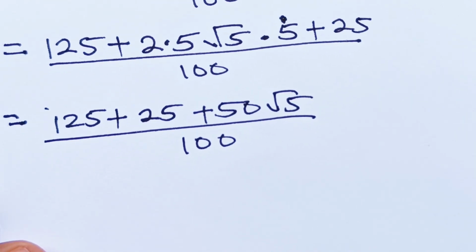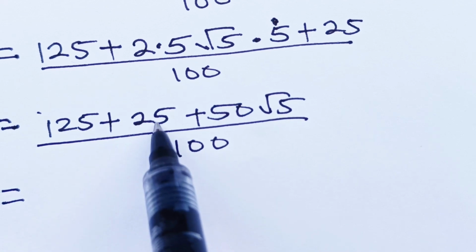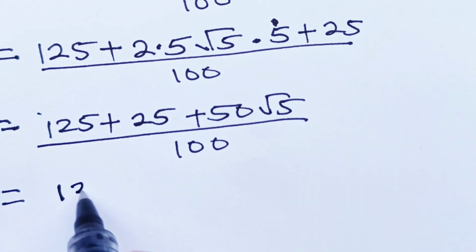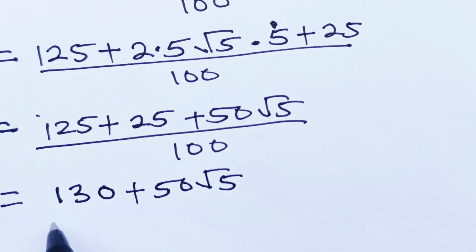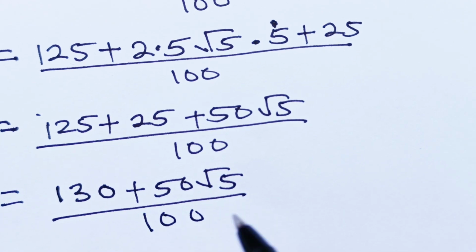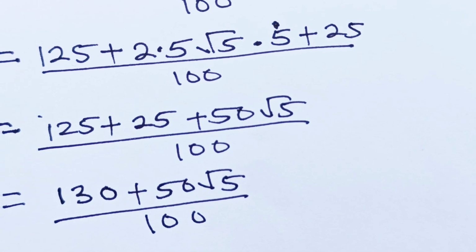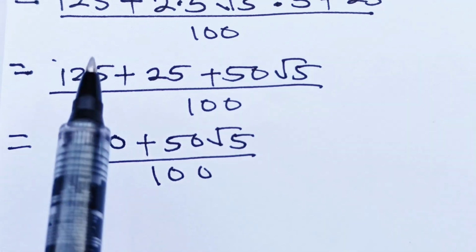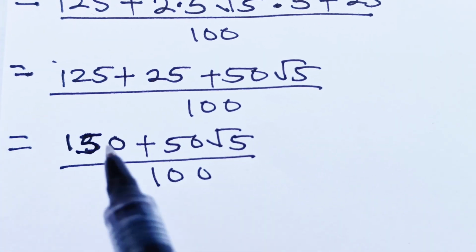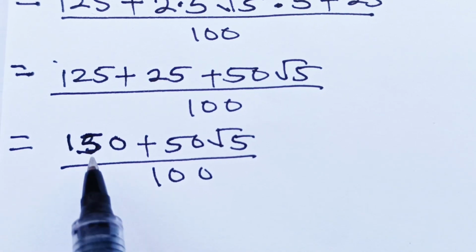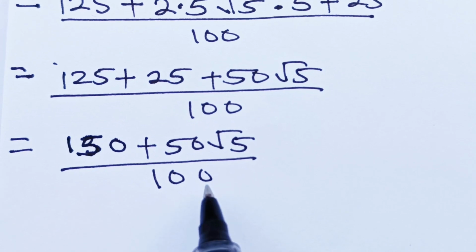Now this is equal to 125 plus 25 will give us 130, plus 50 root 5 divided by 100. Sorry, 125 plus 25 is 150 and not 130. So 150 plus 50 root 5 divided by 100.